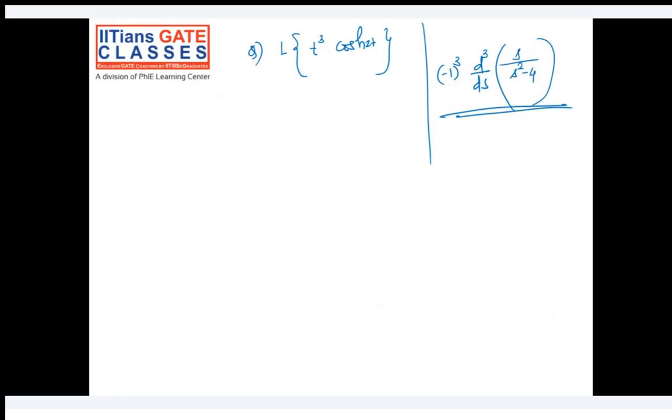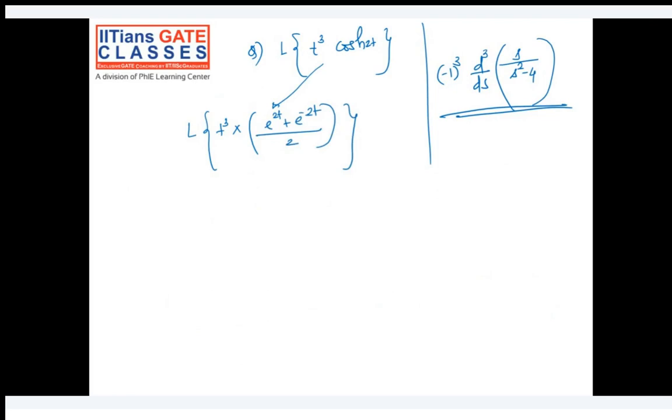Rather than doing that, the same question I can write as Laplace transform of t cube into e to the power 2t plus e to the power minus 2t divided by 2. Can you write it like this? Yes, this is a hyperbolic function, and cos hyperbolic of t, we can write it like this.